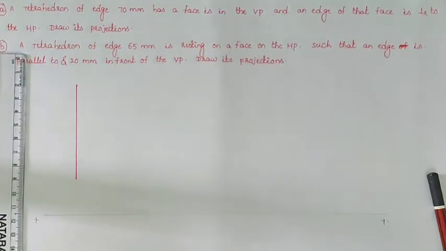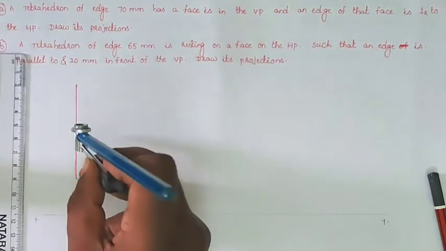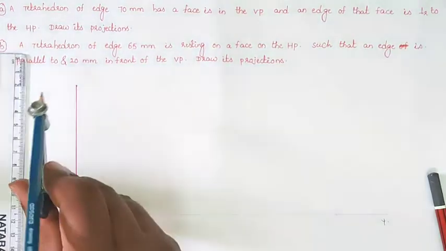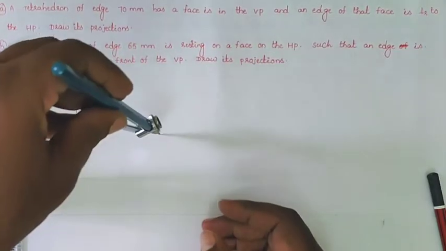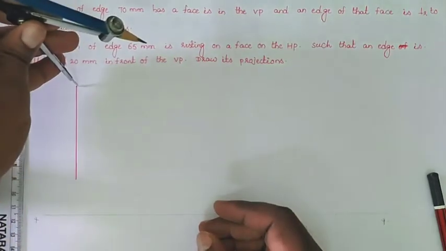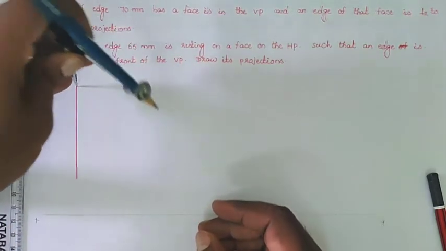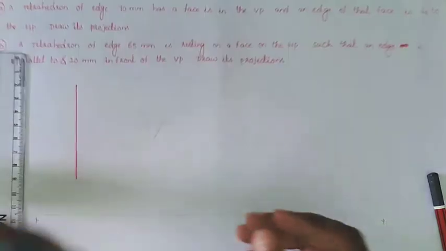Now, with 70 mm from the corners of that face, we will just draw the arcs and draw the triangle, the equilateral triangle face.